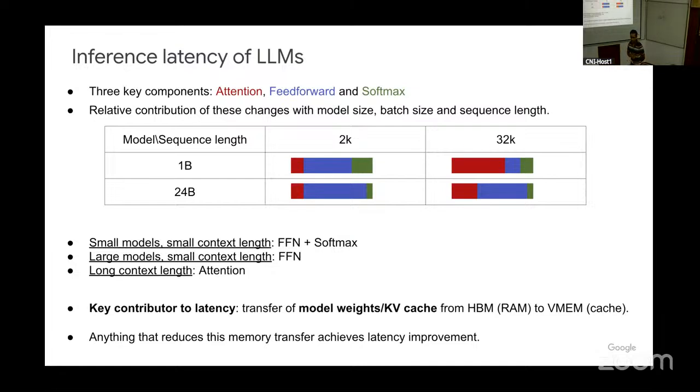The point I want to make here is that while the contributor to overall latency could be different layers in different settings, in all of these cases the underlying reason for the high latency turns out to be the transfer of model weights or KV cache from HBM to VMEM, or we can call it RAM to cache.